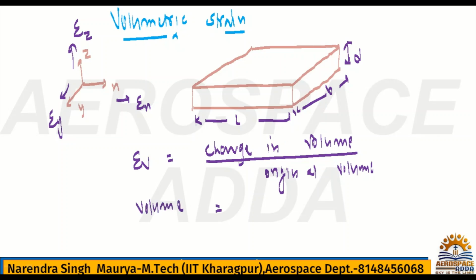Length into width into depth, means LBD. This is the volume of this bar. Now I can write V is equal to LBD. This is my equation number 1.